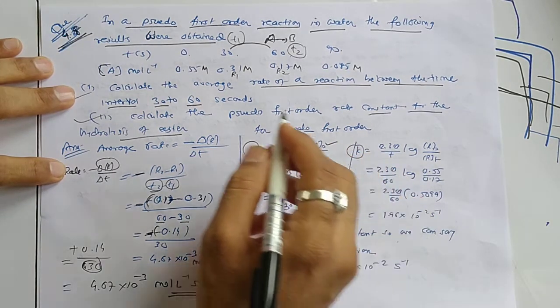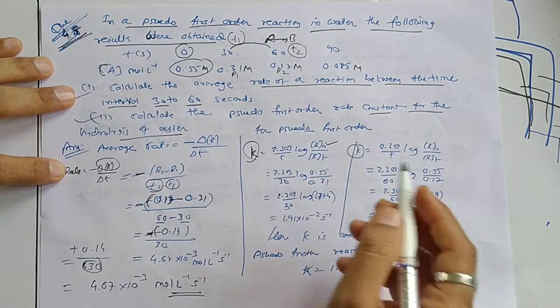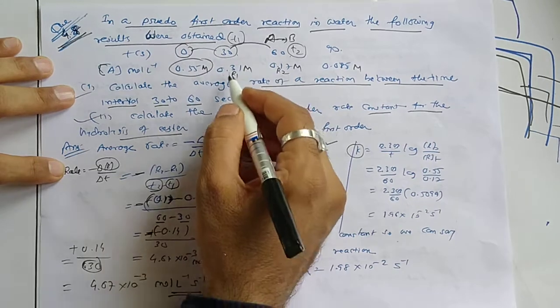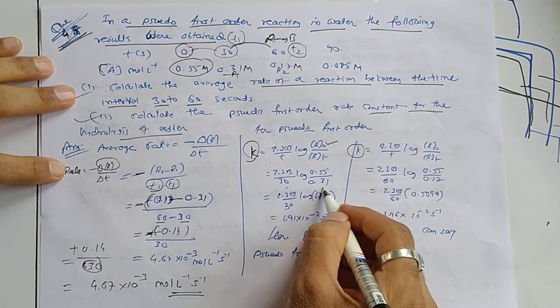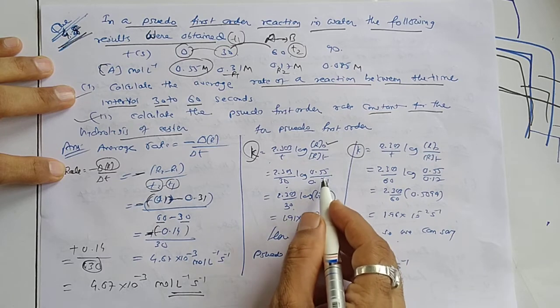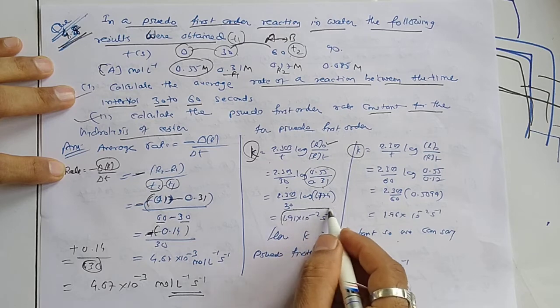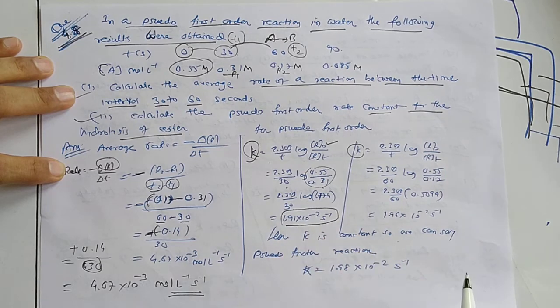Put down the values. R0 means initial. At 0 seconds the concentration is 0.55. Now at 30 seconds the concentration is 0.31. So 2.303 divided by 30, log of 1.774, the division of it. And now multiplied, the value is 1.91 times 10 raised to minus 2 second inverse.